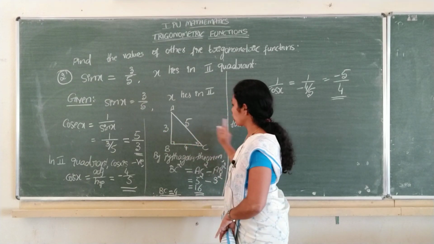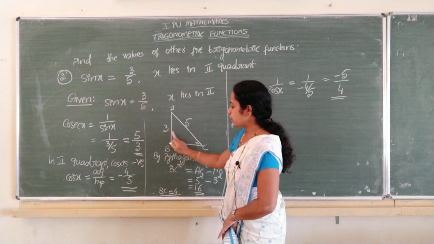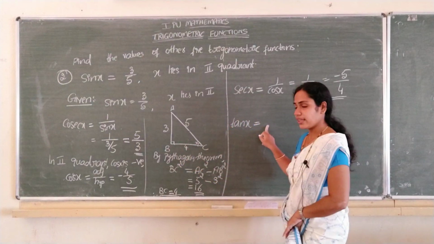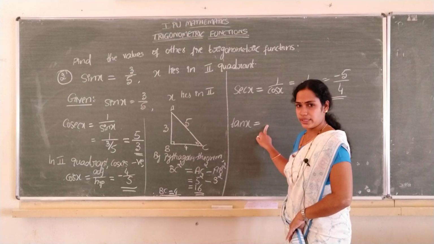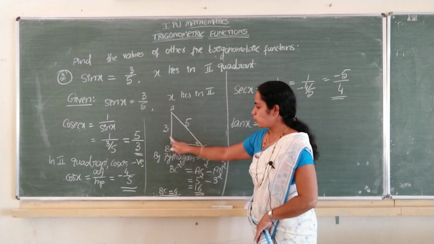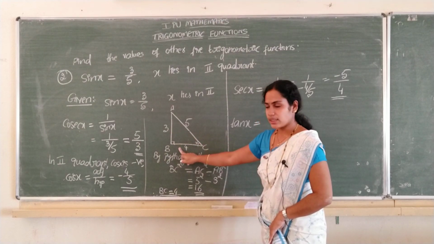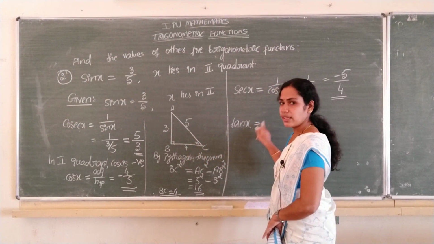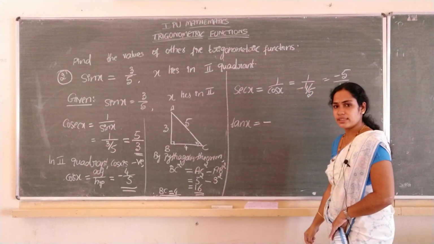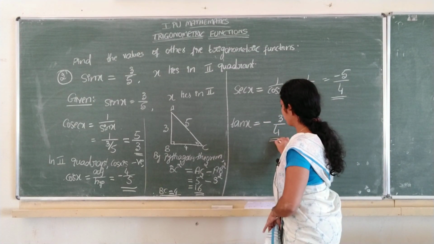Using the figure, tan x can be defined as opposite by adjacent. In the second quadrant, tan x is negative, so we have to put a minus sign. That is minus 3 divided by 4.